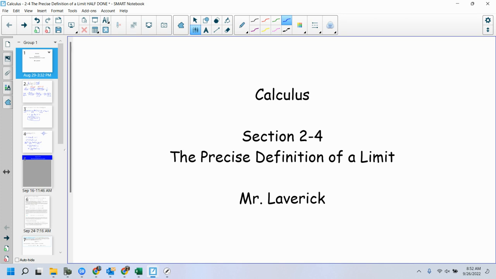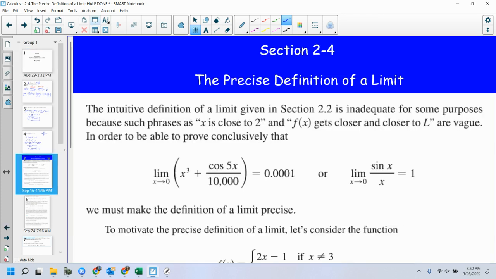So now we're going to connect back into section 2.2. Because we have this idea of wanting to get close enough to the value that we can assume it's going to go there, today we will answer that question of how close is close enough. That's what we're going to be talking about today.